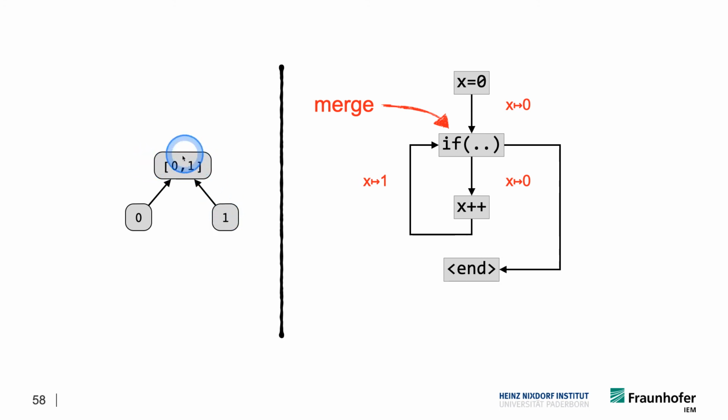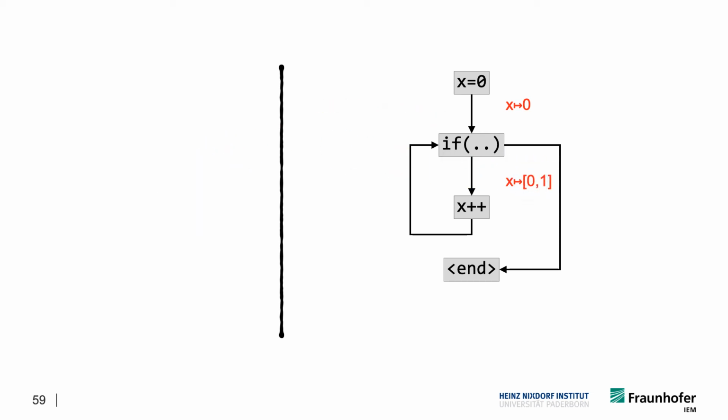This is going to be our new right-hand side value that we are computing here. Now we have this interval, and we know that we have a number between 0 and 1, and we are incrementing it. So as a result, we now know that we are looking at a value between 1 and 2.